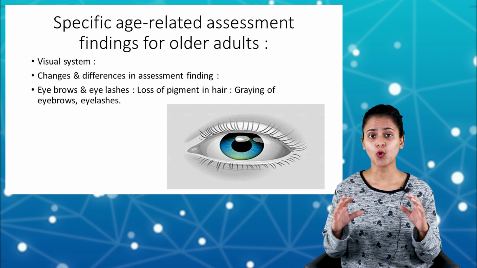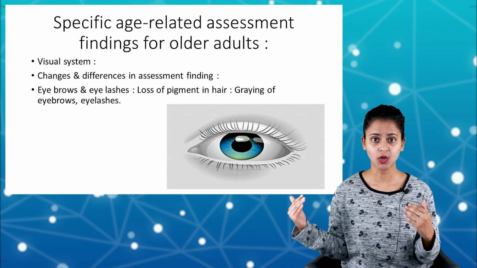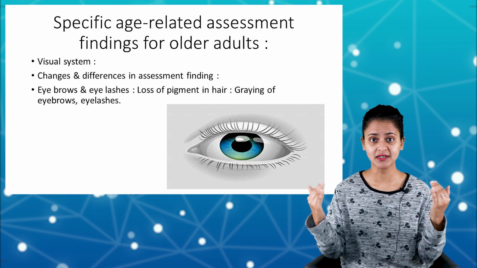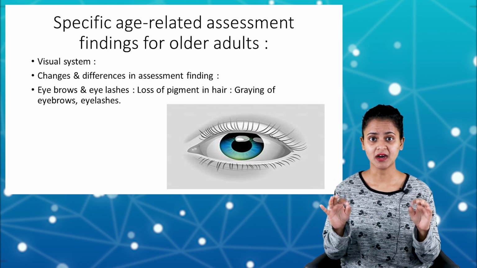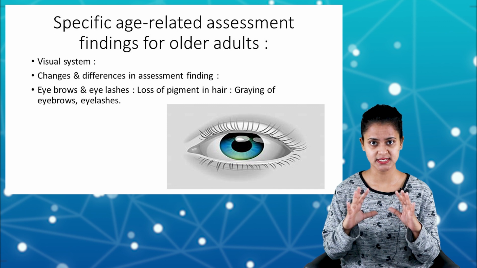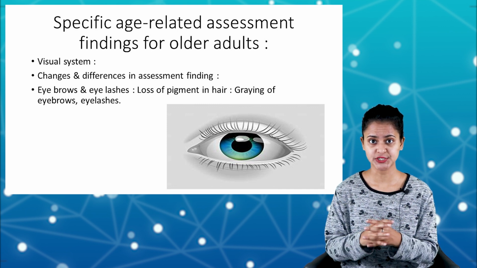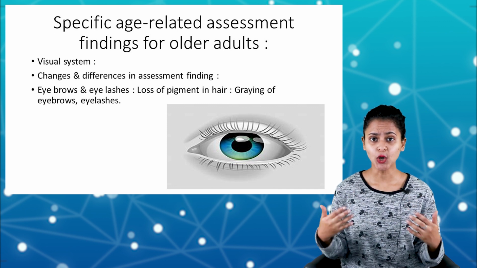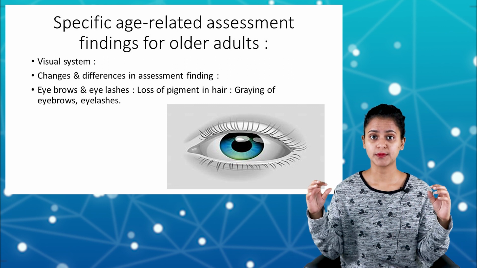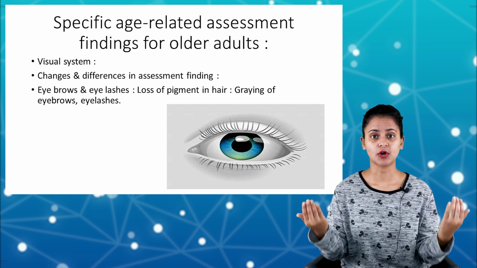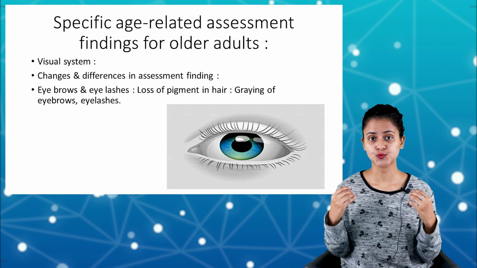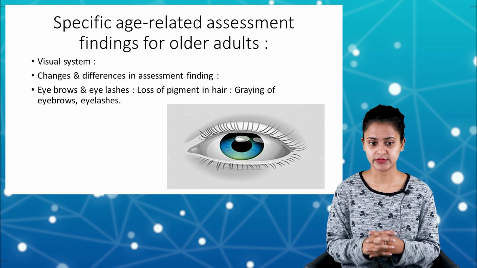It is a very common phenomenon in an old age individual, but if it is found in a younger adult, it indicates that the person is suffering from a certain disease condition. But for an old age person, it is very often seen that they have loss of pigmentation from the eyebrows and eyelashes, which is the reason for the grayish discoloration.